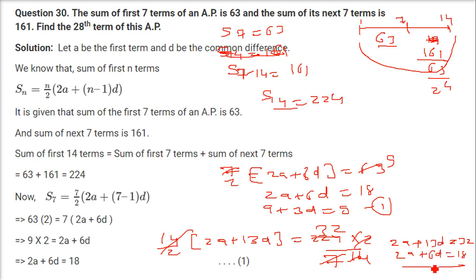Now subtract. 13 minus 6 is 7d, and 32 minus 18 is 14. So d becomes 14 by 7, that is 2.